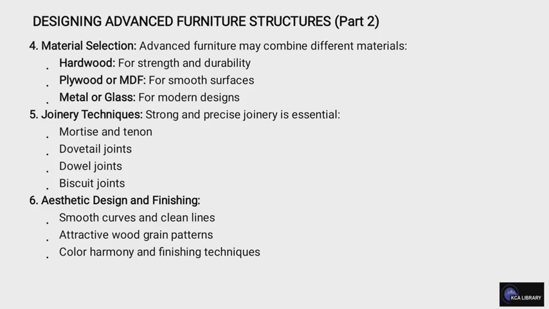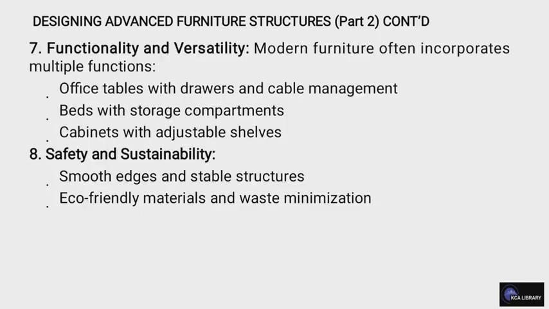Strong and precise joinery is essential, such as mortise and tenon, dovetail joints, dowel joints, and biscuit joints. The last is aesthetic design and finishing, which encapsulates smooth curves and clean lines, attractive wood grain patterns, color harmony, and finishing techniques. These are very important.